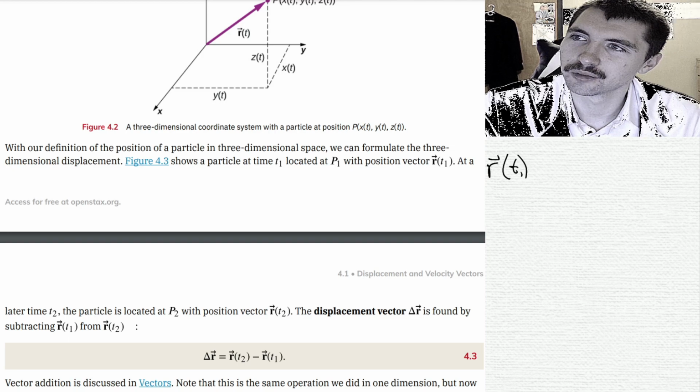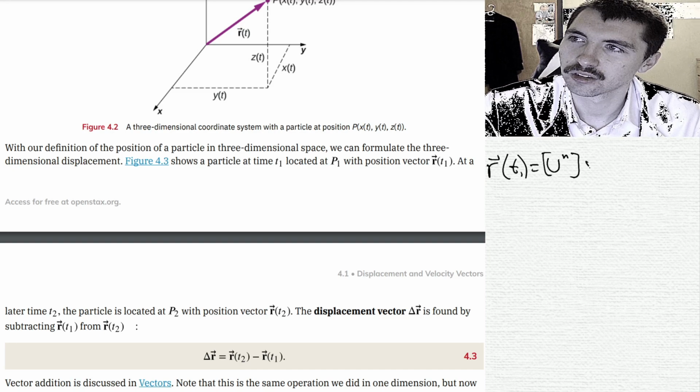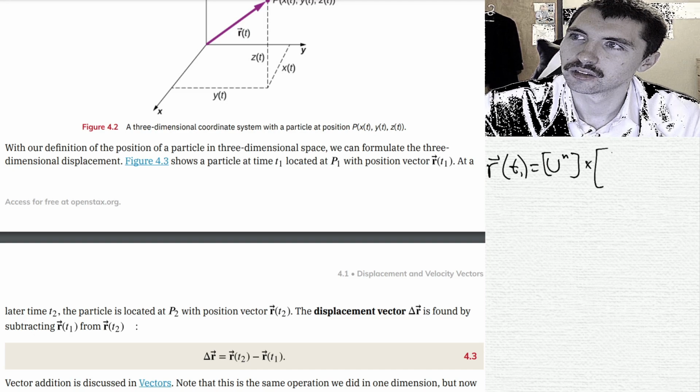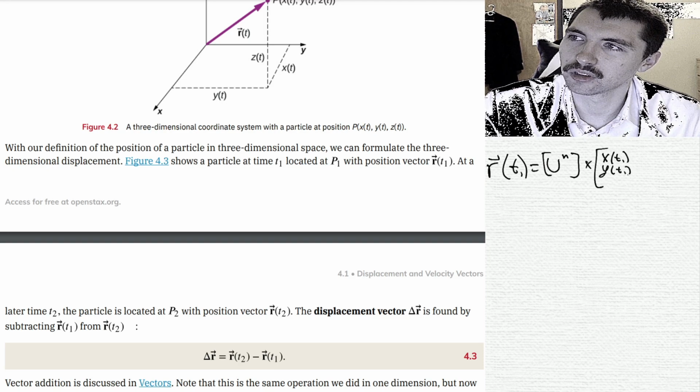So r of t1 is saying you have a unit vector matrix times vector x t1, y t1, z t1.